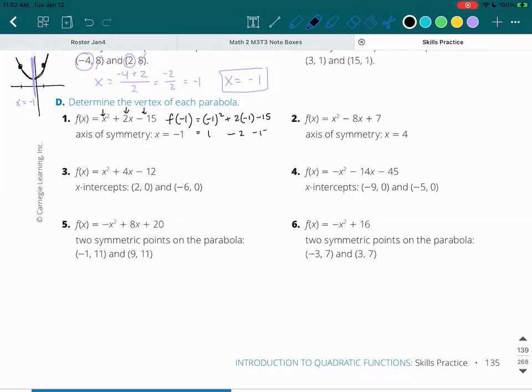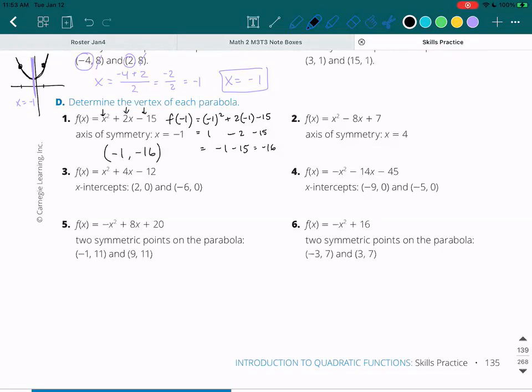And then we have -15. So it's 1 minus 2 minus 15. That's going to be -1 minus 15, which is -16. So if we plug in -1 as our x value, we get that our y value is -16. So our vertex is -1 comma -16.